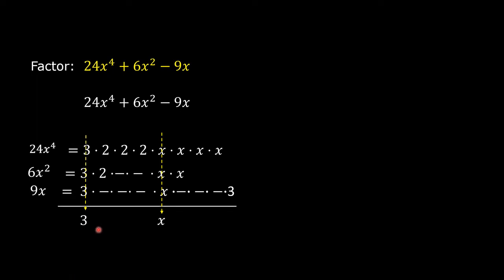Then multiply 3 times x is equal to 3x. The greatest common factor is the 3x. So write 3x. Next, divide each term by 3x. 24x raised to the exponent of 4 divided by 3x is 8x cubed. 24 divided by 3 is 8. And then we subtract the exponents in division. 4 minus 1, it's understood the exponent here is 1.